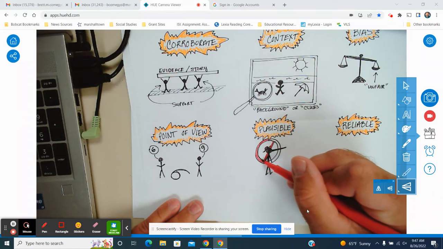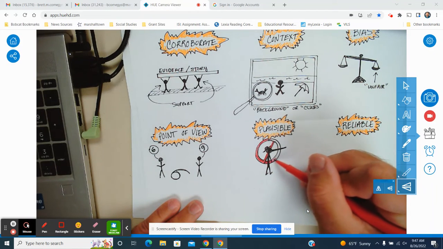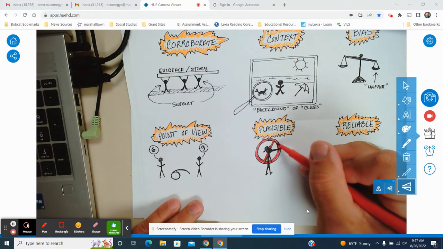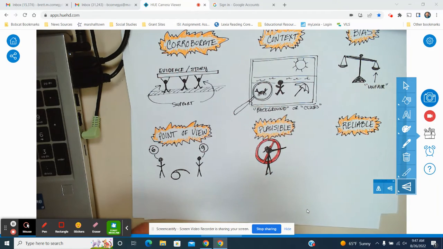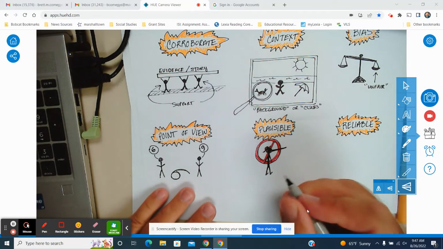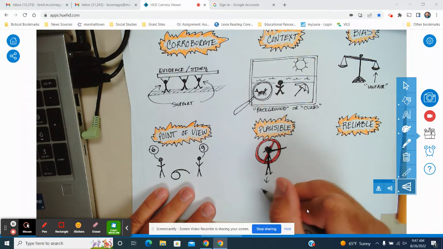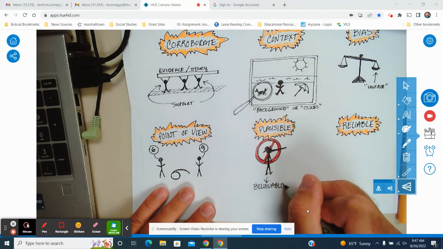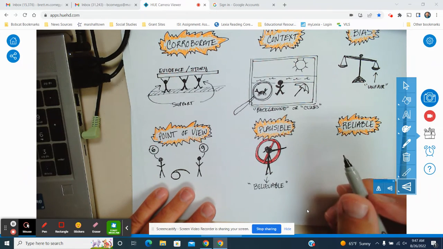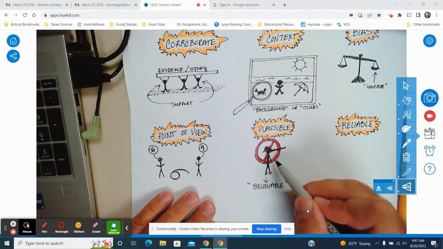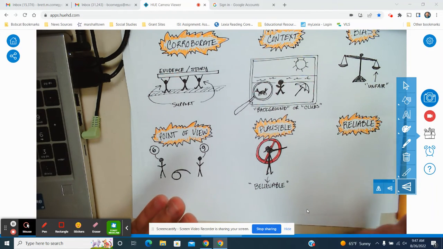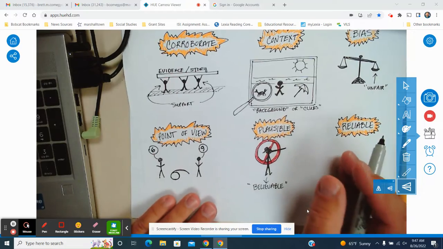Well, I'm drawing the opposite of plausible, which is believable. And I'm putting a slash through it. Which is, plausible is the opposite of unbelievable. Okay. There's probably better pictures out there, but that's what you got.